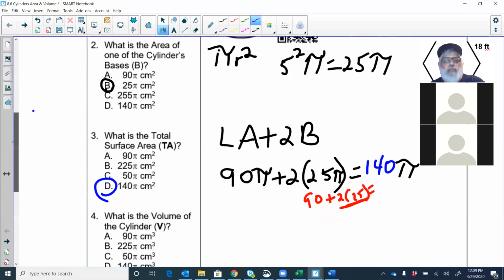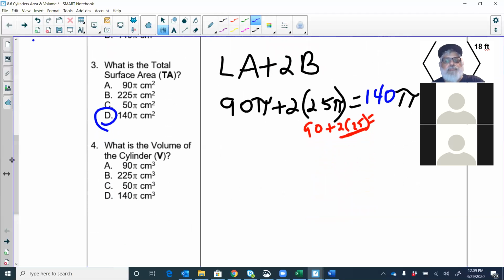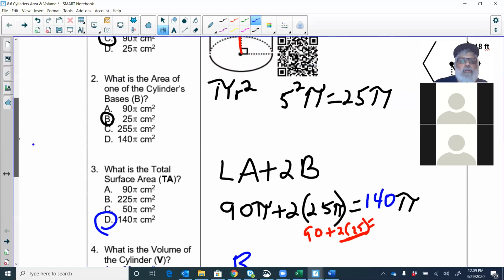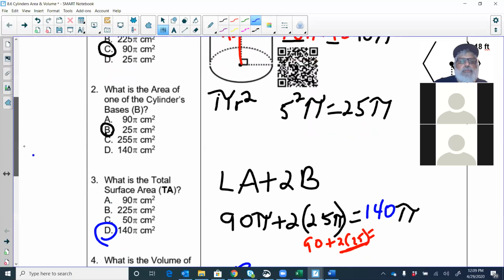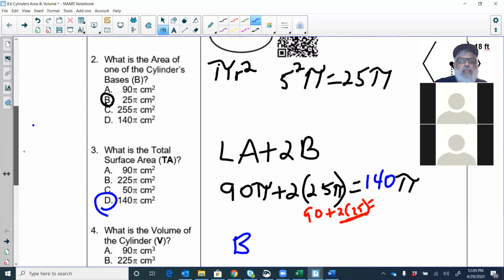Mm-hmm. Okay, good. Okay, now the volume. Volume is always going to be the area of the base times the height, I believe. And we found that on number 2, area of the base.